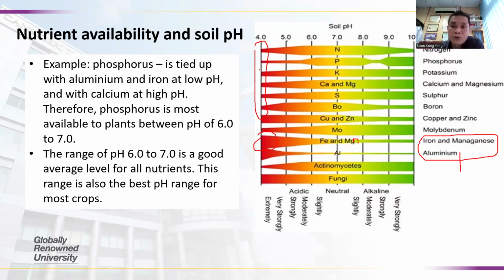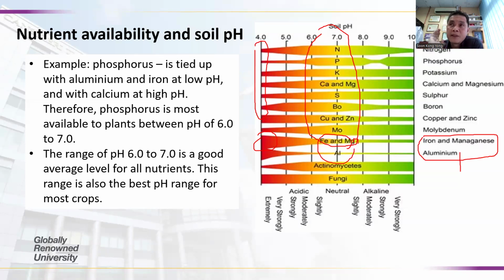Now, the question is, what pH is suitable? Like I told you earlier, 6.5. This is where you can see that most of the elements are relatively big enough, they are more available, and at the same time, the level of the so-called toxic elements like iron and aluminium are the smallest.